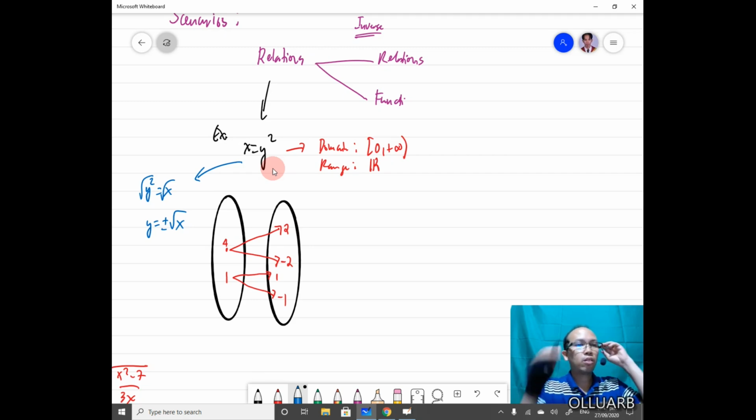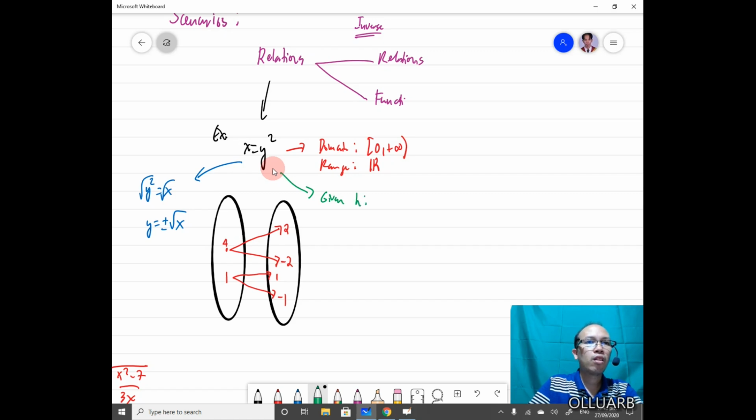Okay, so if you define this equation, let's say, given a mapping, let's say h, from the domain which is 0 to positive infinity to R, given by x is equal to y squared.